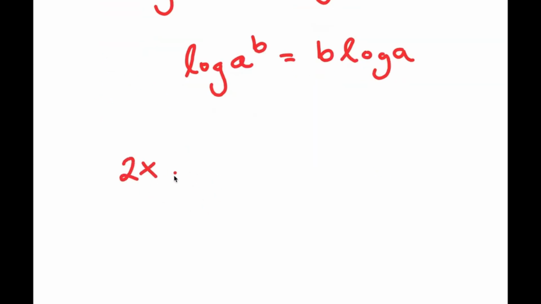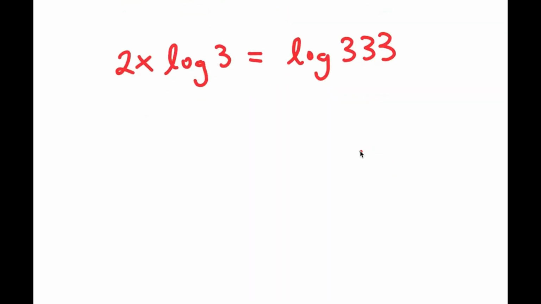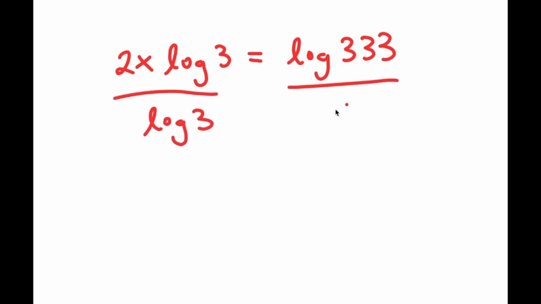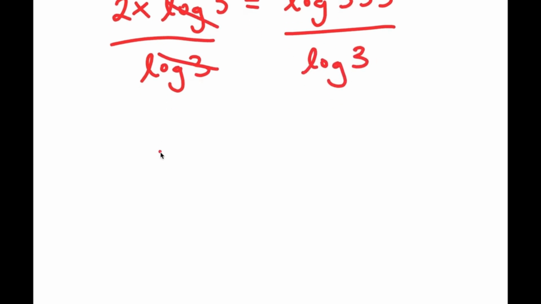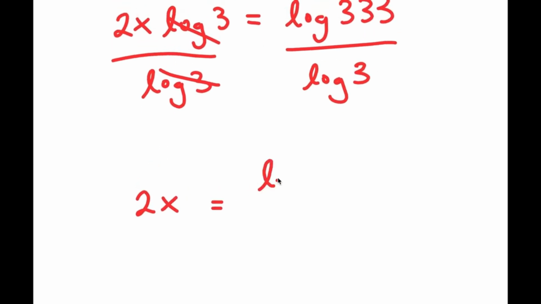So I get 2x times log 3 is equal to log 333. And now I'm going to divide both sides by log 3. So I get 2x is equal to log 333 over log 3.